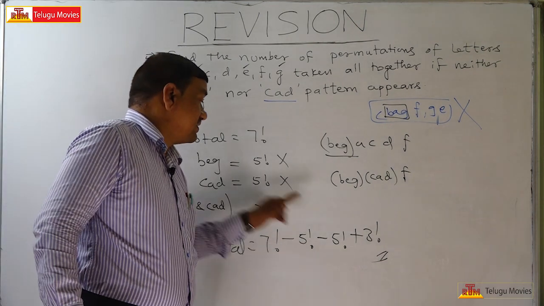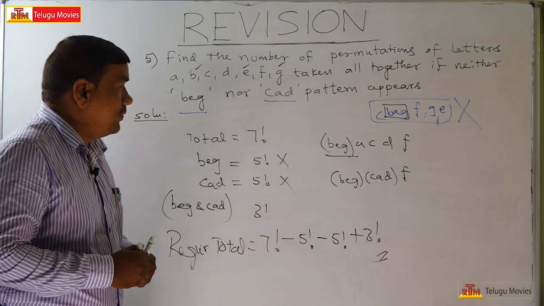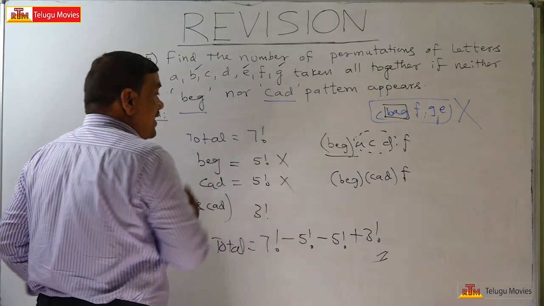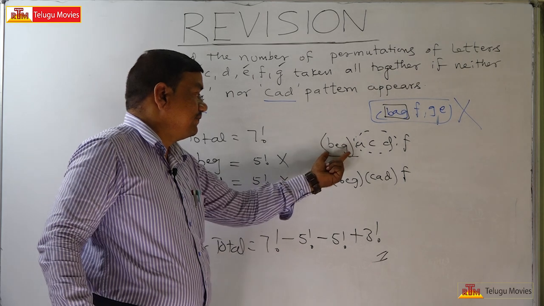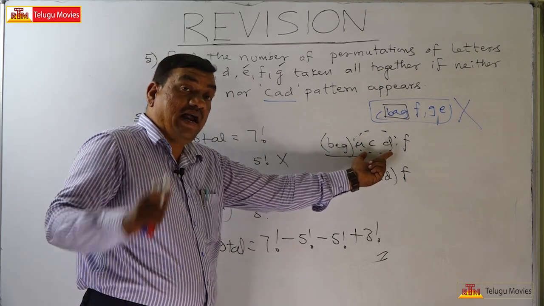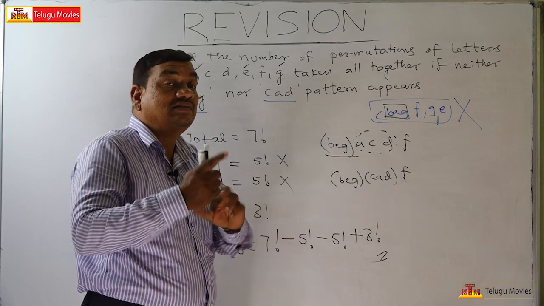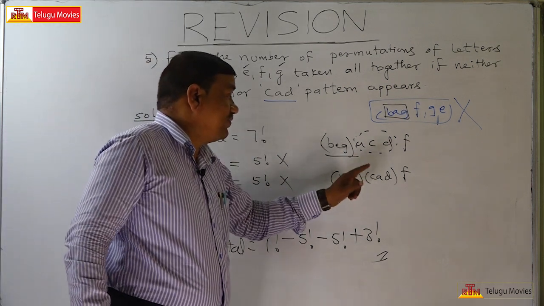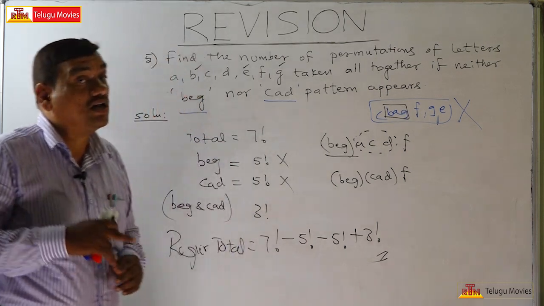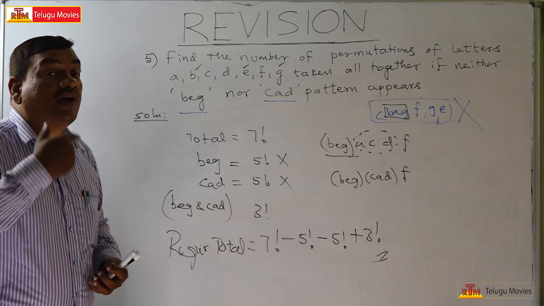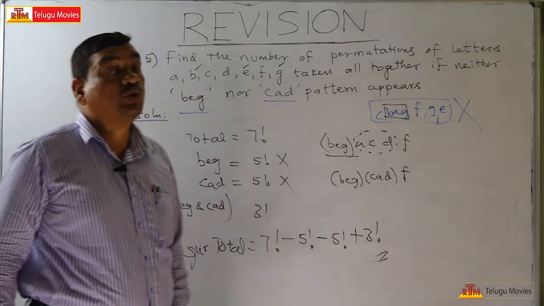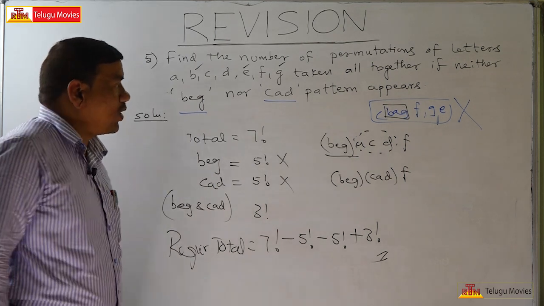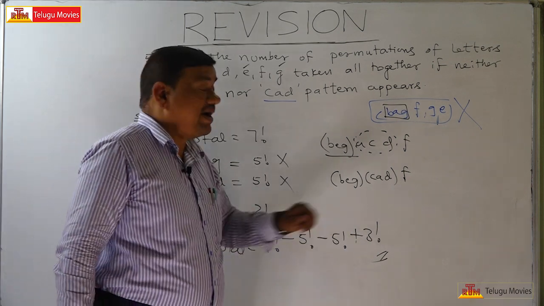Why? Because when we subtract these two, the pattern with both BEG and CAD together is there in this 5 factorial, and it is also there in the other 5 factorial. So you are subtracting it twice. To balance the calculation, you have to add 3 factorial once. Generally students start writing minus 3 factorial, and that is wrong.